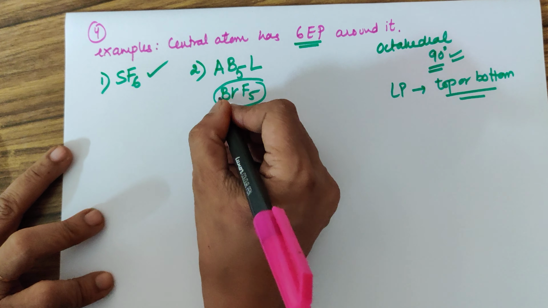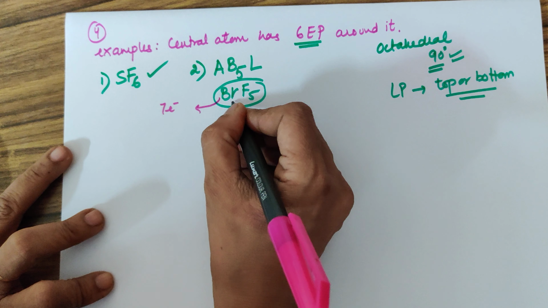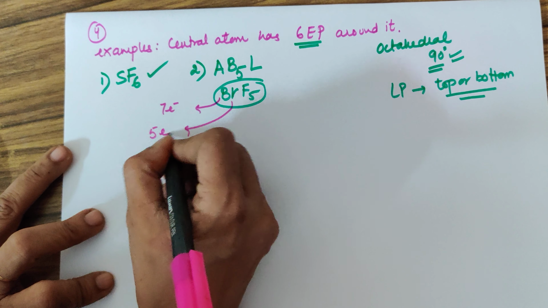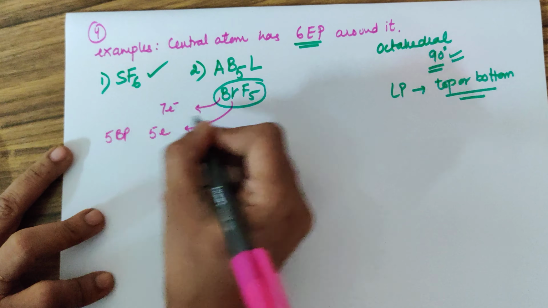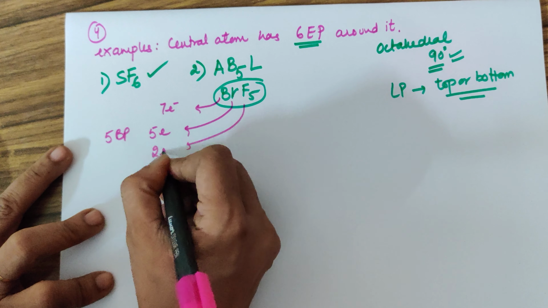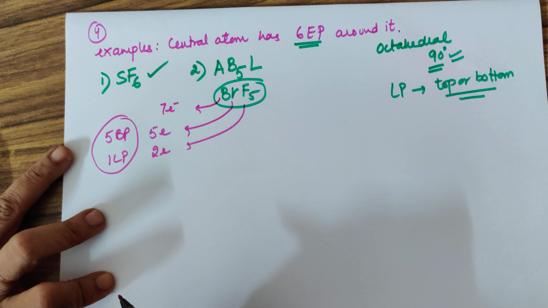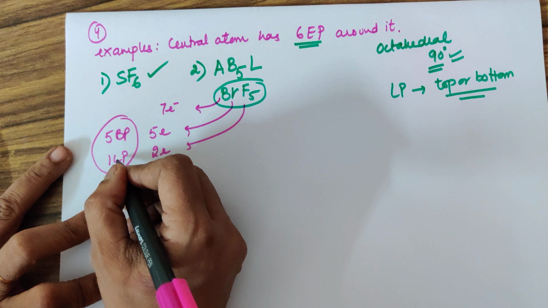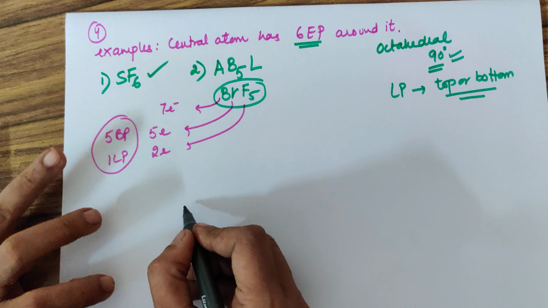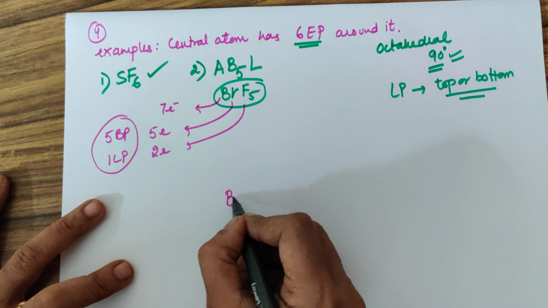The central atom is bromine with 7 electrons, out of which you have used 5 electrons for 5 bond pairs and you are left with 2 electrons for 1 lone pair. So a total of 6. If you have 6 electron pairs around bromine, the situation would be that of octahedral.